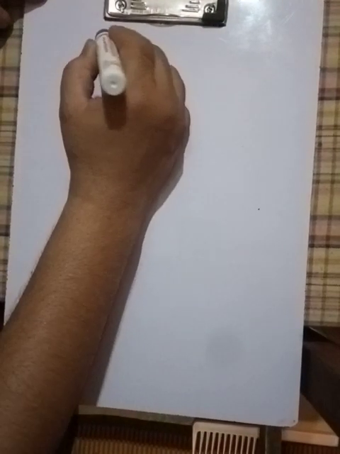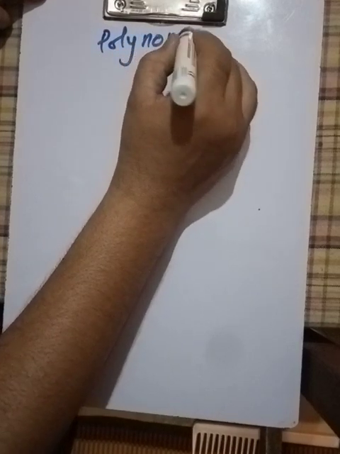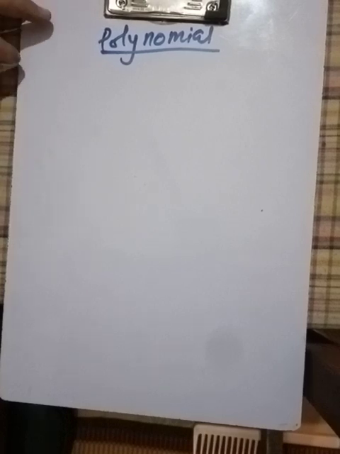And from the next class we will start the next chapter, that will be polynomials. For polynomials, I expect you should remember a little factorization: what is a polynomial, what is a zero, what are roots, and basically factorization and zeros.